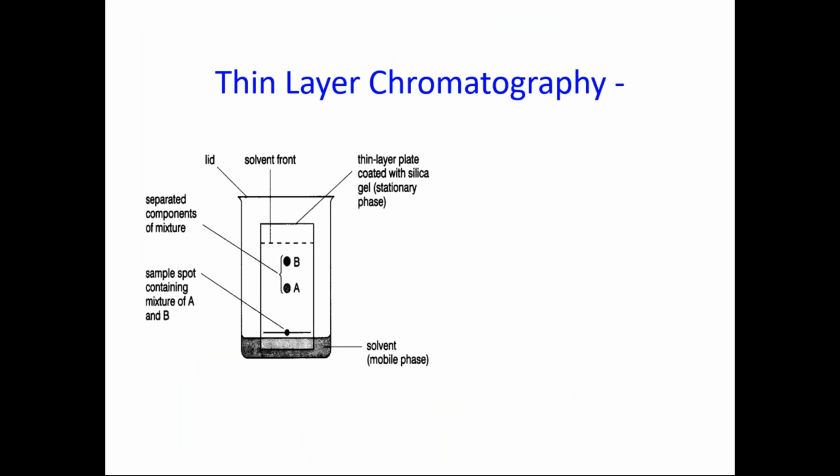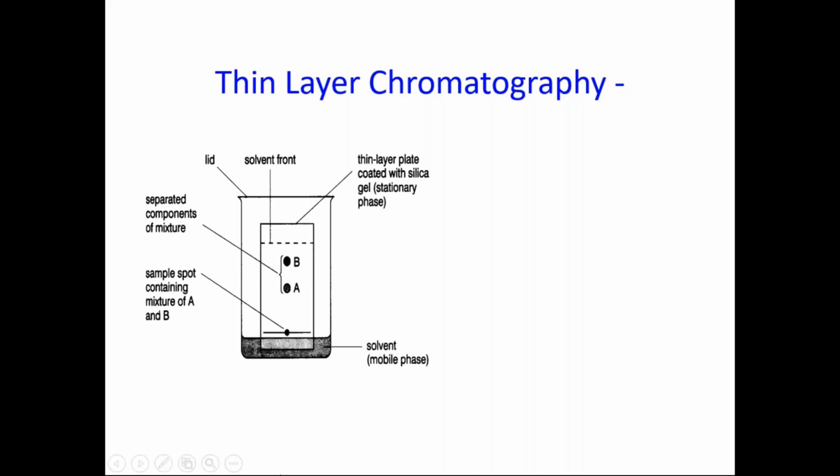So, thin layer chromatography is done by making the layer or pouring thin layers of a slurry of silica gel or alumina onto a glass plate or any inert material. But nowadays, you get commercially available plates of any thin layer that is required.